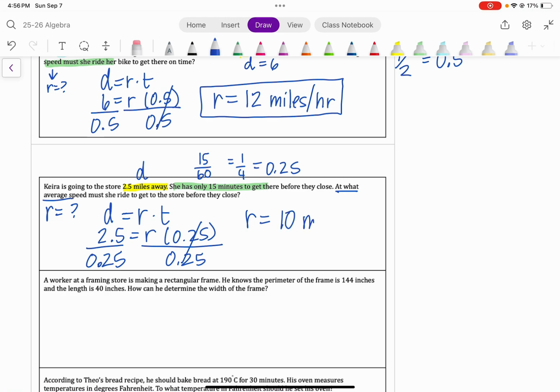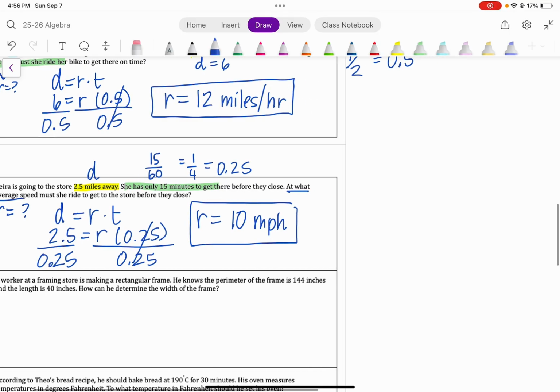So that's 10 miles per hour. You could do it on a calculator. You could do it by hand. 2.5 divided by 0.25. You're going to move the decimal twice here. And 25 goes into 250 10 times.